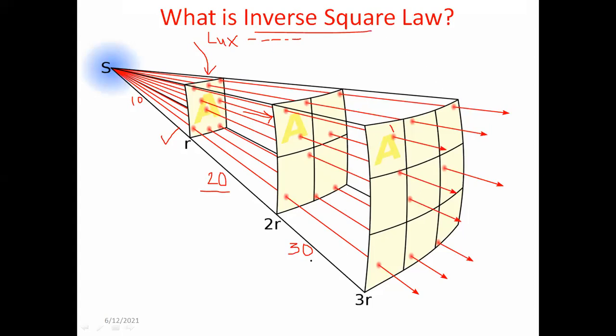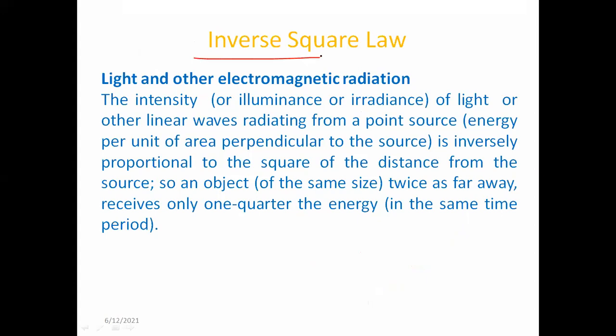It means that with respect to the inverse of the square of the distance, the light intensity of that particular source decreases. This is possible in the case of light, which is related to our experiment, and other electromagnetic radiation.